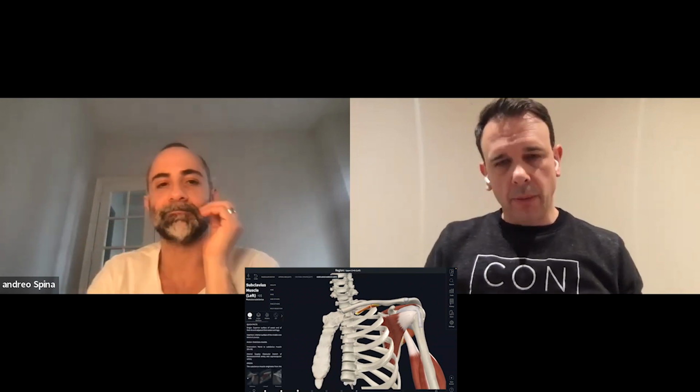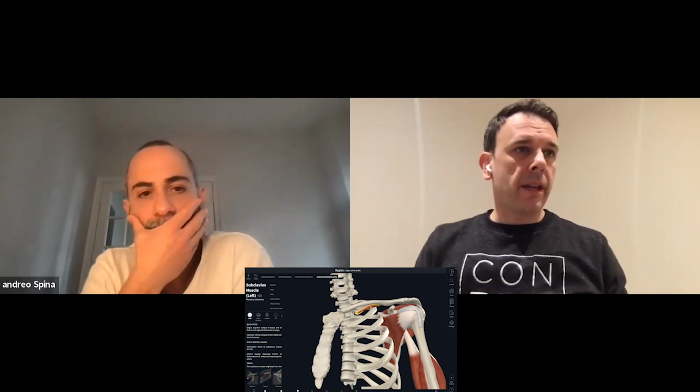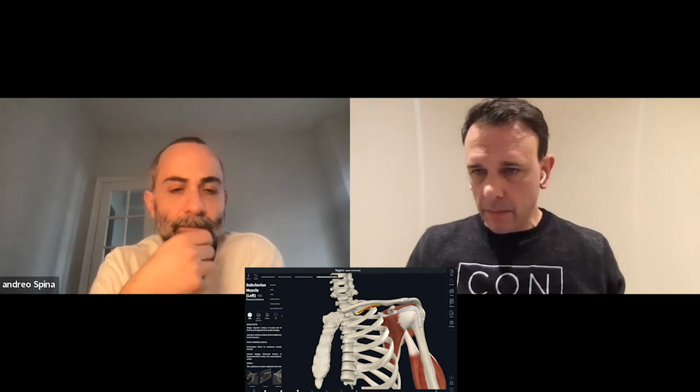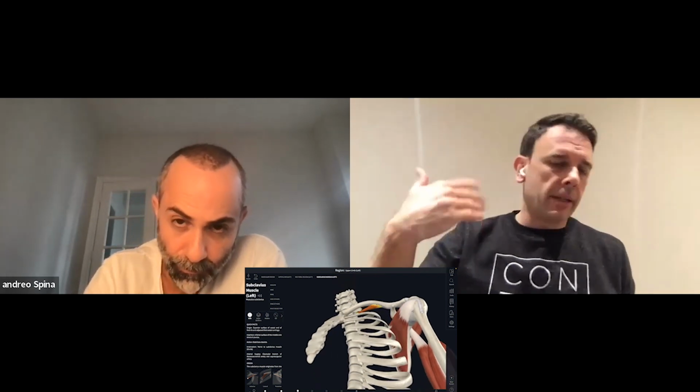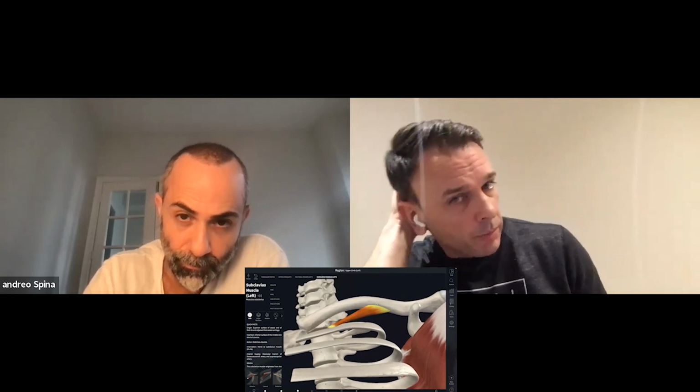Go. Subclavius. Yeah. So again, I think this would be an anatomical tissue that most people would not consider, just because of its depth and the general lack of knowledge about this specific tissue, but let's look at it from an anatomical perspective.